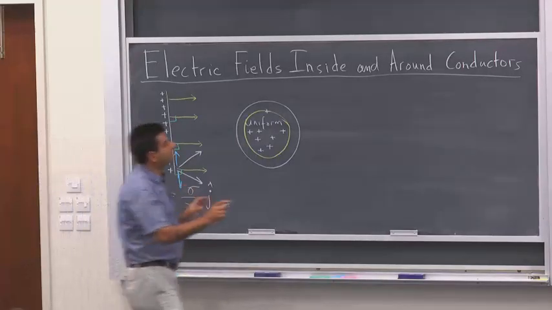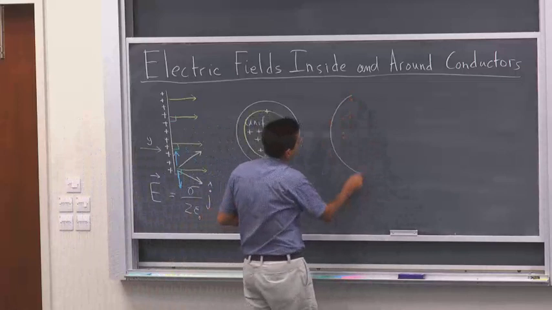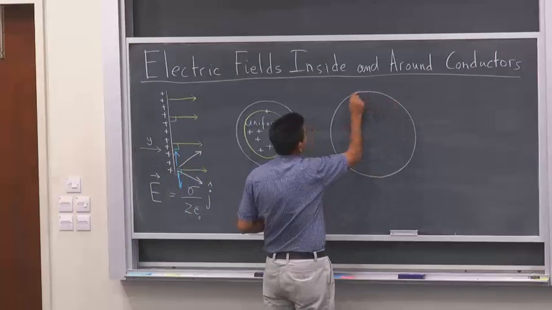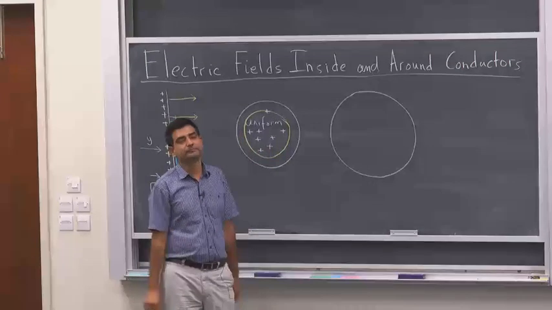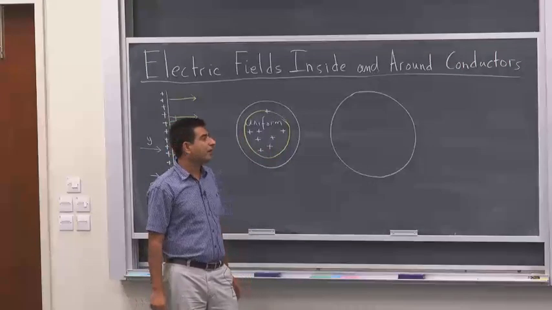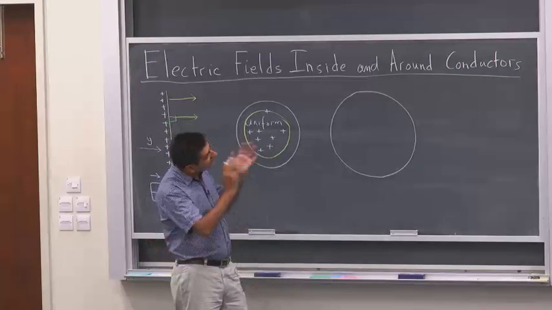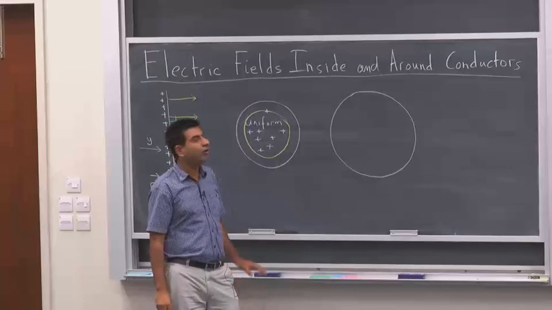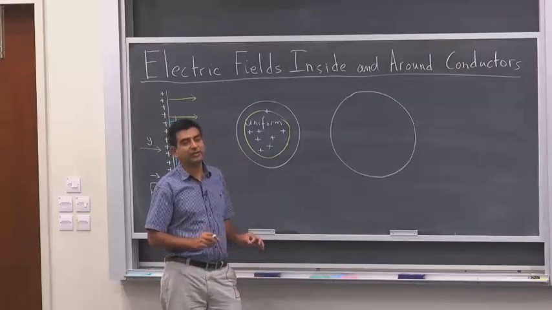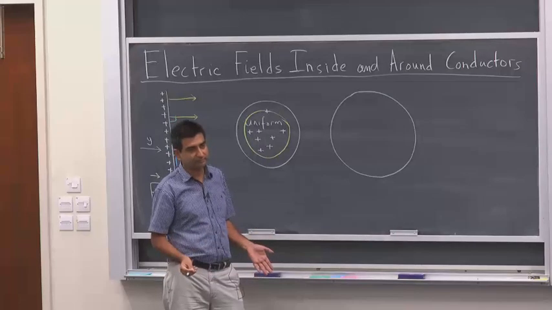Alright. Suppose I have a sphere, and it's a metal, a conductor. It's solid. First of all, I would argue that if this were a charged object, then all the charge must exist on the outer surface.